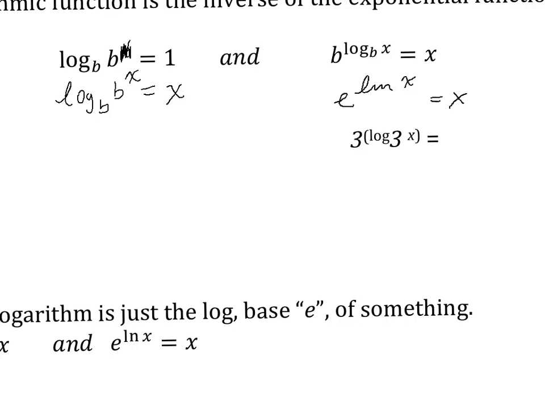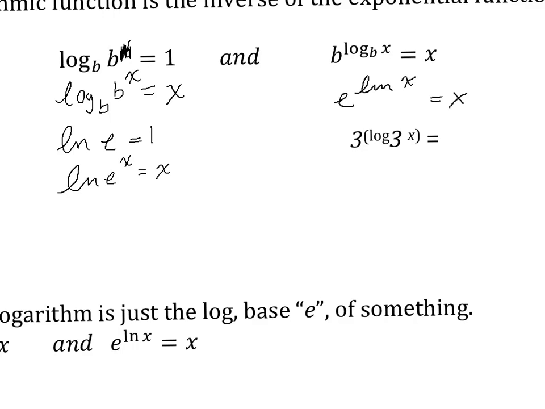Okay? And then b to the log base b of x equals x. E to the ln of x equals x. Okay? You could also write this one over here as the ln of e equals 1, and the ln of e to the x equals x.